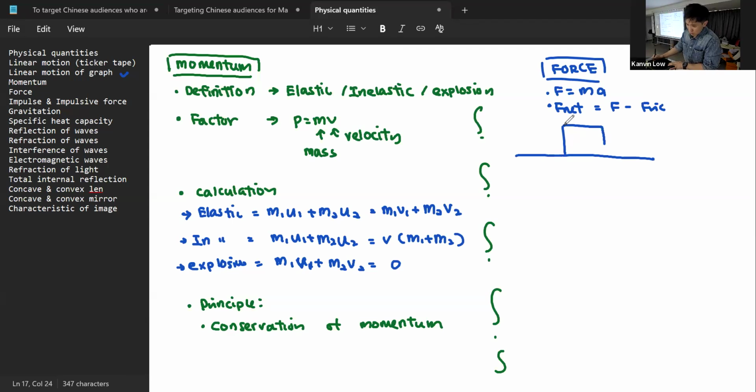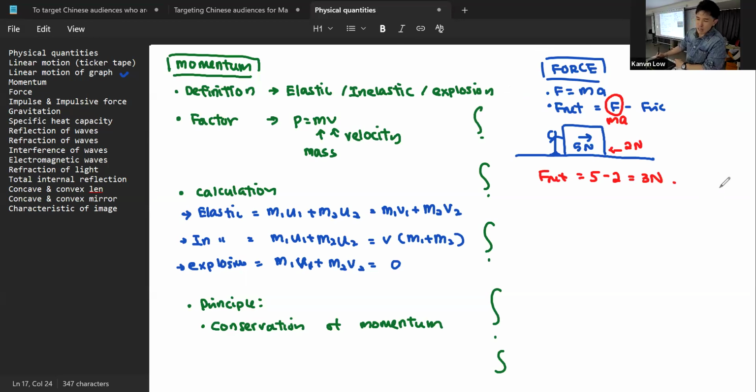For example, if you are pushing these things, you push over here with a force of 5 Newton, but then there is a frictional force over here which is 2 Newton. So your F net will be 5 minus 2, which is equal to 3 Newton. So you're only exerting 3 Newton for this one. So how do you find the F over here, students? You have to use MA. Mass times acceleration. Do you get what I mean, everyone? Okay, so this is for the force.